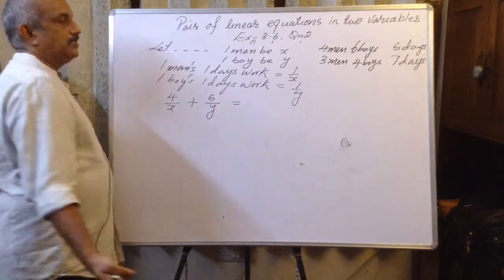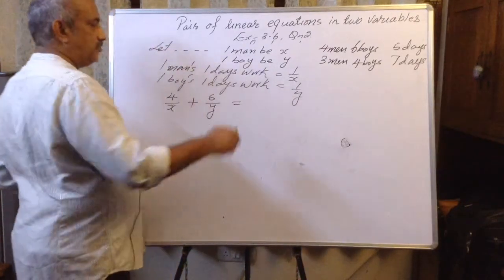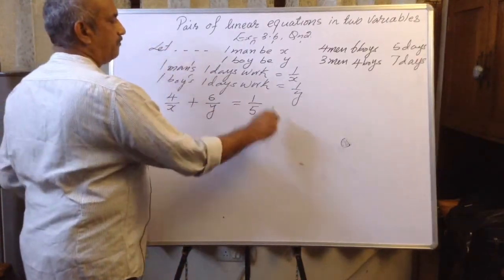If they work together, they can complete the work in 5 days. That means together their 1 day's work is 1 upon 5.